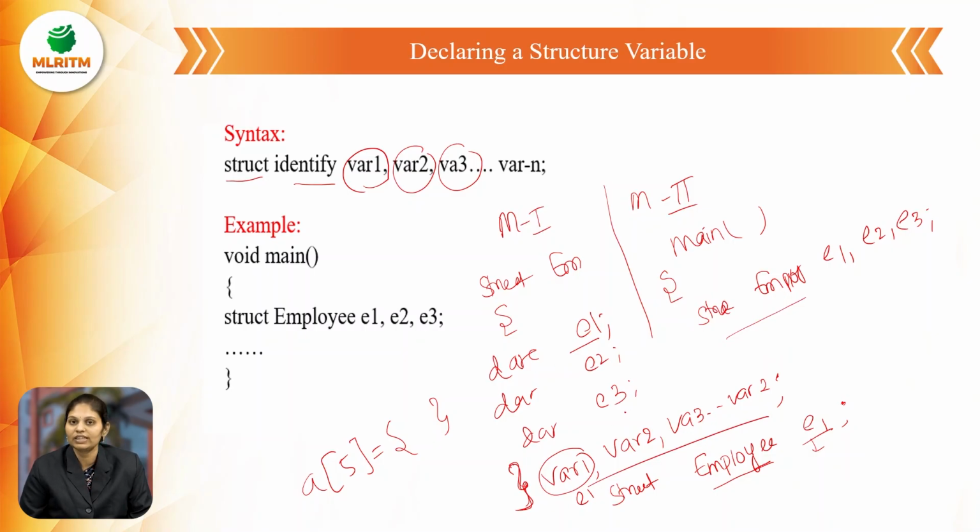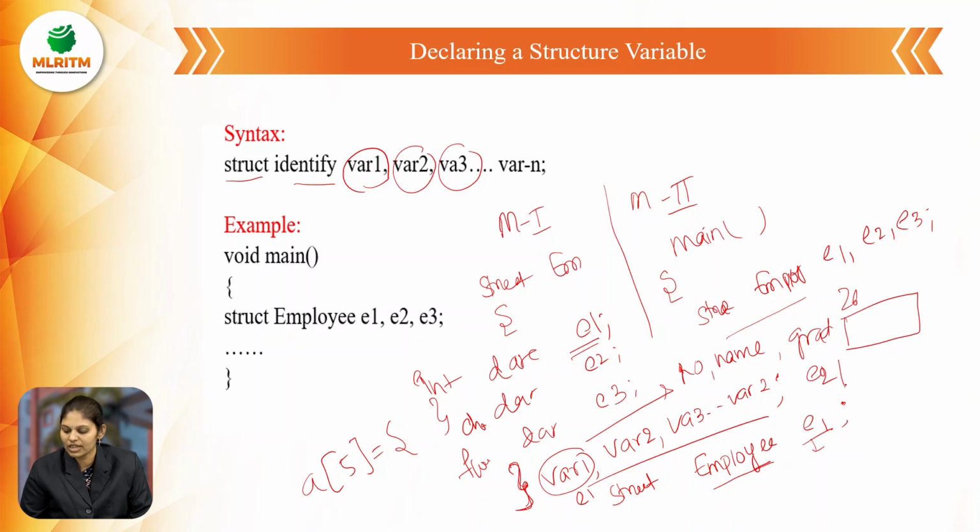Individually, each variable creates its own memory. Suppose E1 has an integer, a character and a float: student number, student name and student grade. E1 is allocated 26 bytes of data, E2 is allocated 26 bytes, and E3 is allocated 26 bytes.